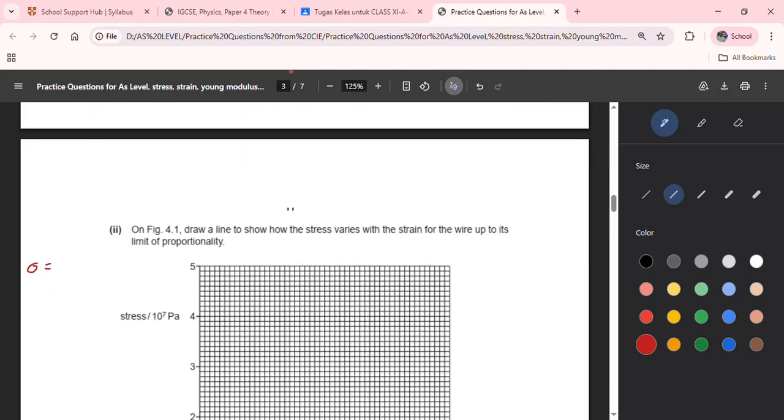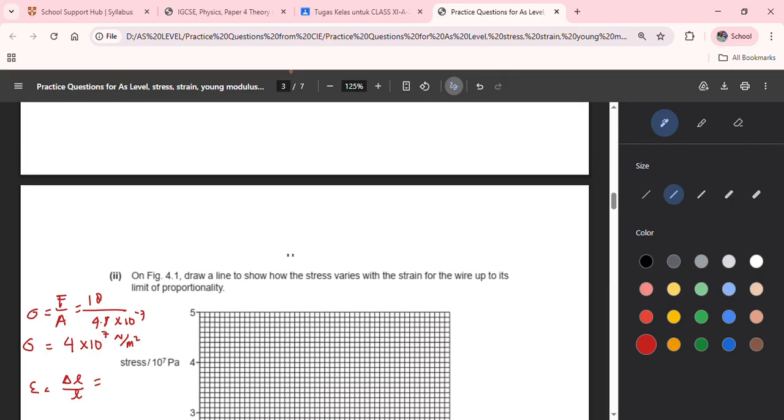So 18 divided by 4.5 times 10 to the power of minus 7, using the calculator, we get 4 times 10 to the power of 7 Newton per meter square.